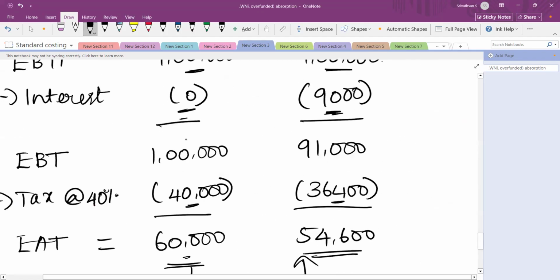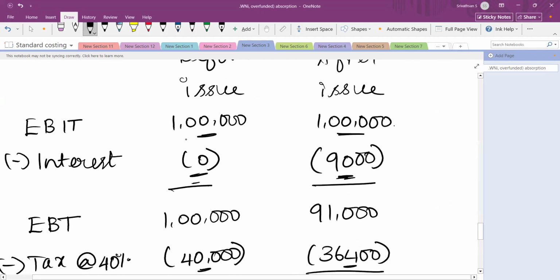So what I'm saying is, before the issue of debenture, interest expense was 0. So profit before tax of the company was 1 lakh. So the company was paying tax at 40% on 1 lakh rupees. So they are paying a tax of 40,000. Right. After issue of debenture, the company is paying an interest of 9,000 rupees. Now, because of paying this 9,000 rupees interest, profit before tax of the company has reduced to 91,000.